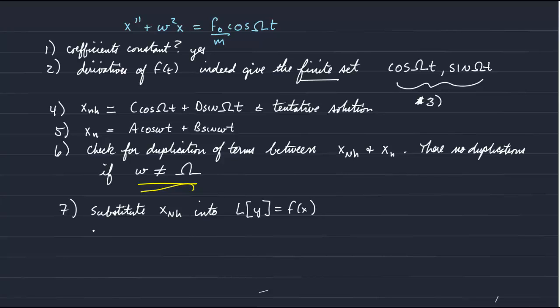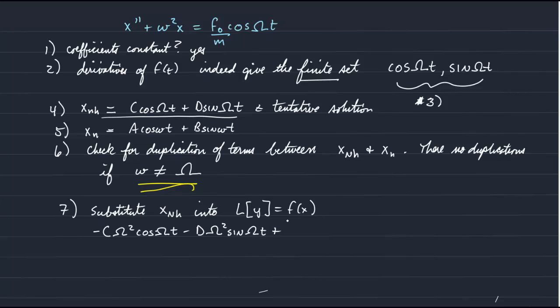The second derivative of the non-homogeneous solution gives minus C capital omega squared cosine capital omega t, minus D capital omega squared sine capital omega t.